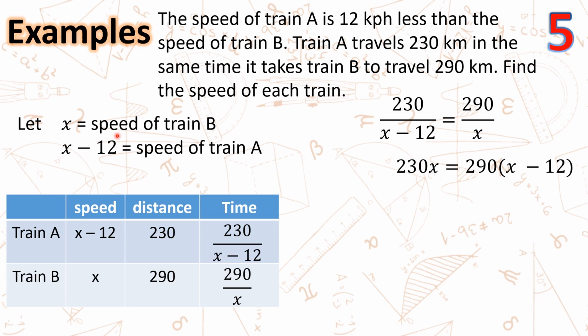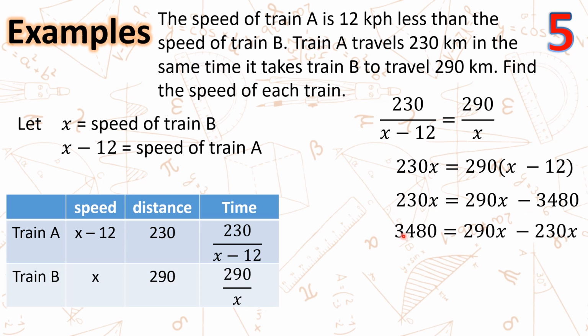We have 230 times x equals 290 times x minus 12. Distributive property. Distribute 290. We have 290 times x and 290 times negative 12. That is 290x minus 3,480.